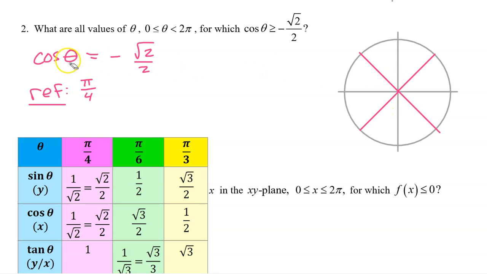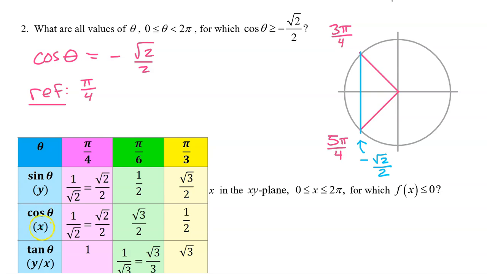Since we want cosine to equal negative radical 2 over 2, we will restrict ourselves to quadrants 2 and 3, where the x value, and thus the cosine, is negative. We can think of pi as 4 pi over 4. So this angle in the second quadrant is 3 pi over 4, and this angle in the third quadrant is 5 pi over 4.